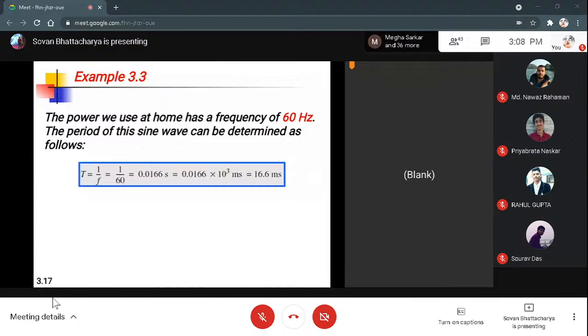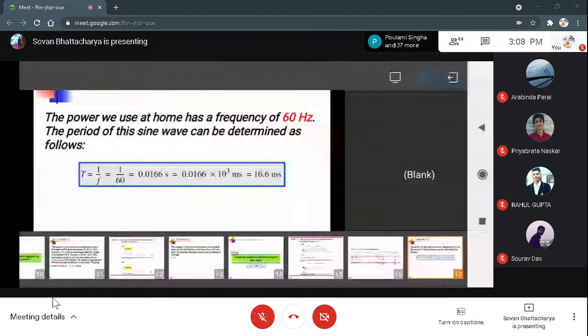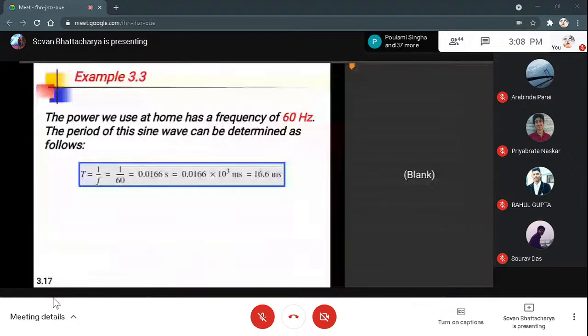You know the time period is equal to 1/f, so 1/60 hertz. Now it will be converted to the second format, and then you have to find out the total time, that is 16.6 milliseconds.